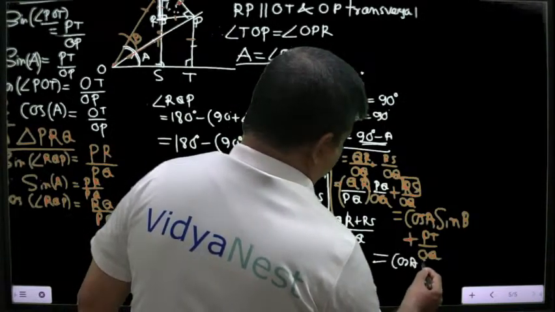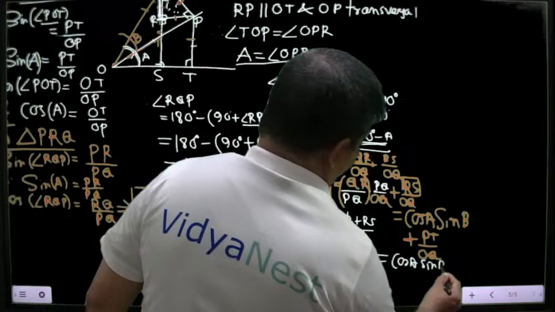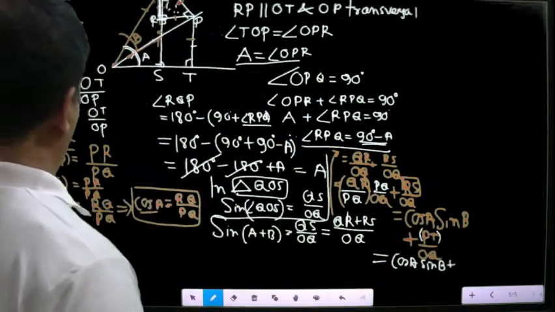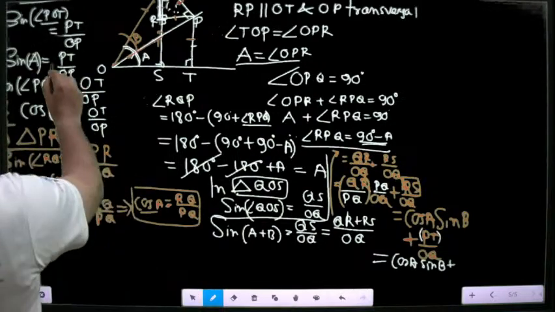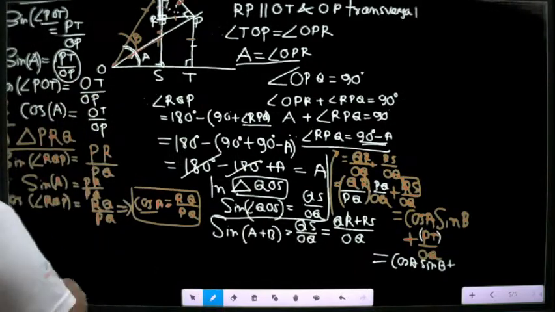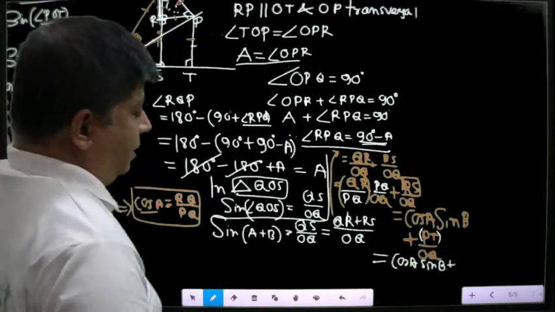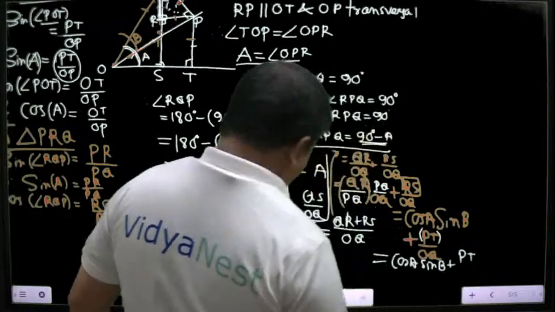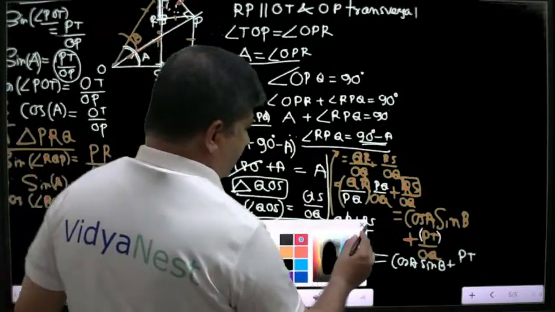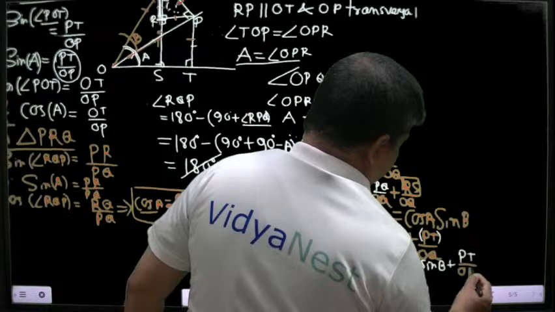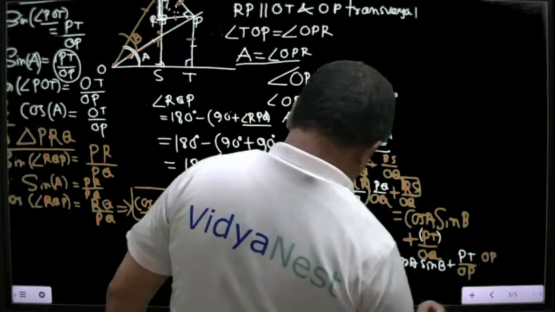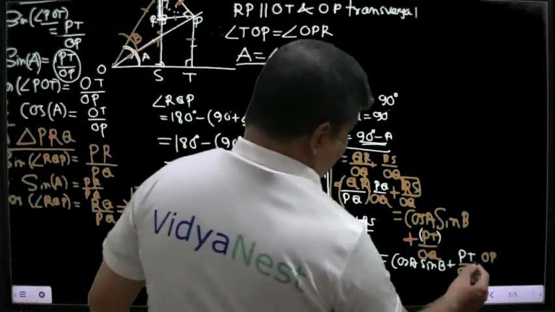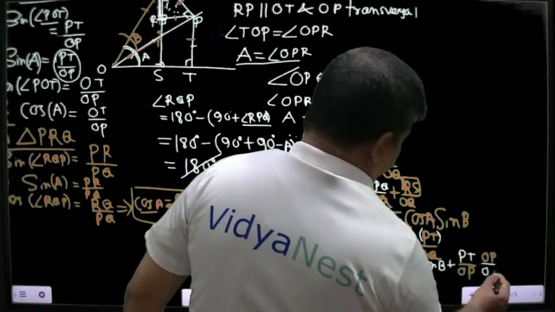Cos A sin B. With PT we had, in ratio, PT by OP, means we had OP in the denominator of PT. So you bring OP in the denominator, into OP by OQ.